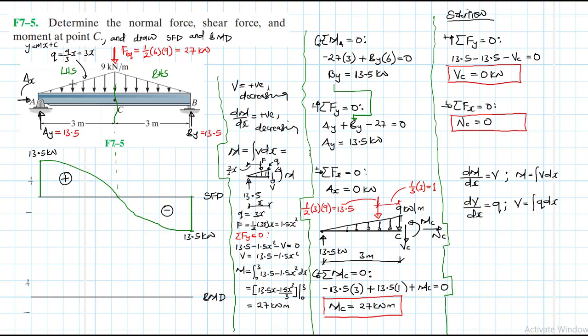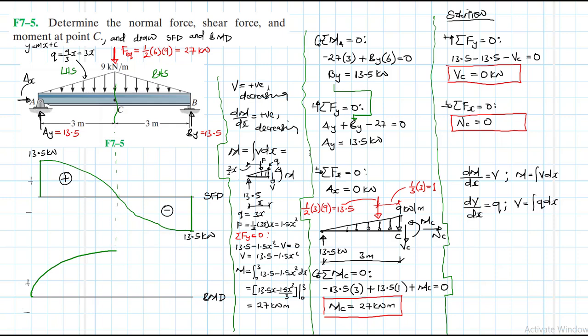Since the shear is a polynomial of degree 2, we expect the moment to be a polynomial of degree 3. All right, so let's draw it. It's going to be like this up to there. This is positive but decreasing. It has positive slope but decreasing up to here.